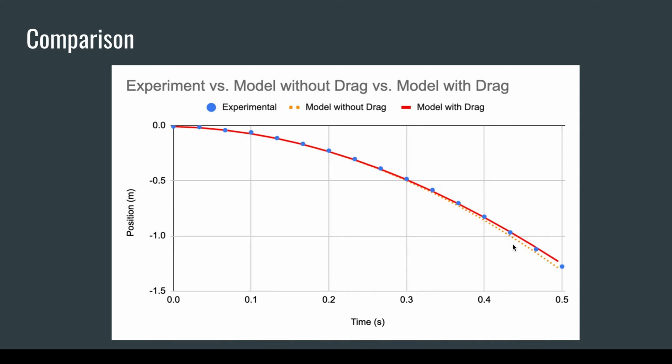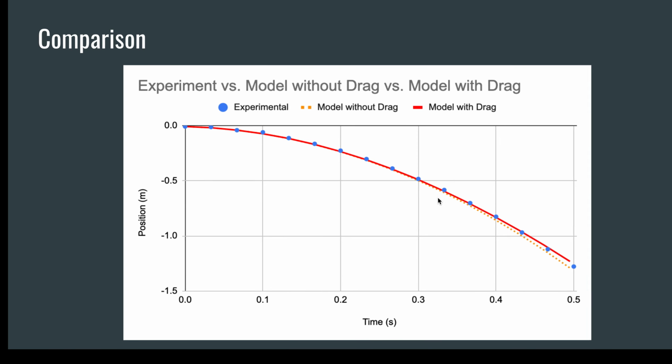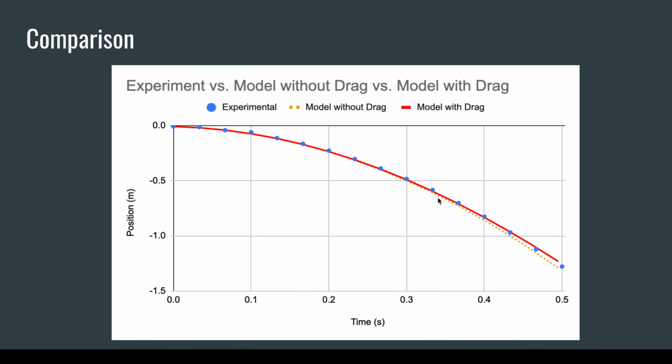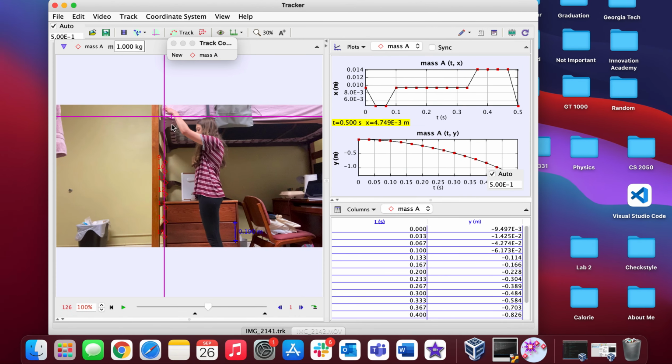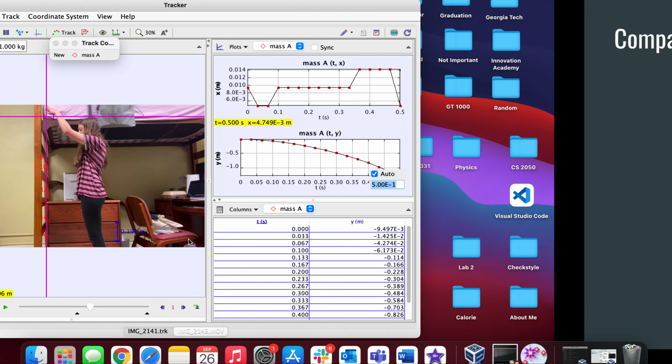And so I have the model with the drag force, and it's more accurate. There is a little discrepancy here at the end, which could be for a number of reasons, such as the video not being perfectly straight and just human error with the way that I tracked the video.